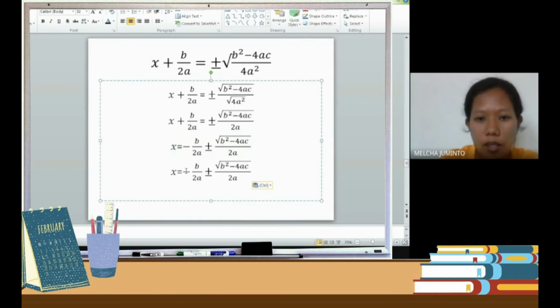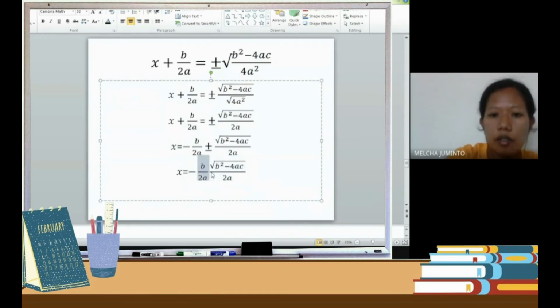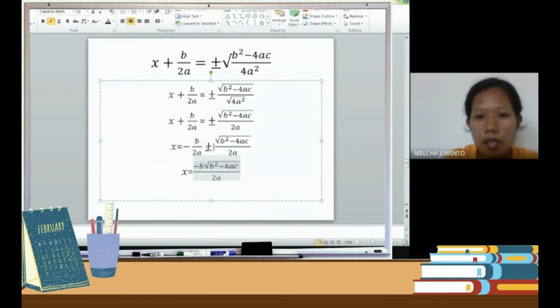X is equal to, instead na separate pa sila na fraction, they can be combined as a single fraction as negative b plus and minus, sorry, sa labas. It should be outside the square root.